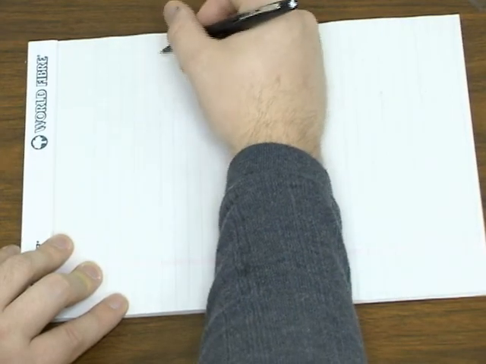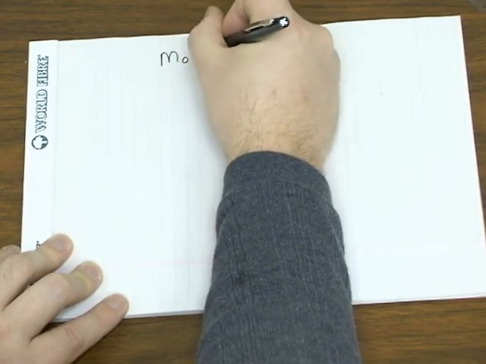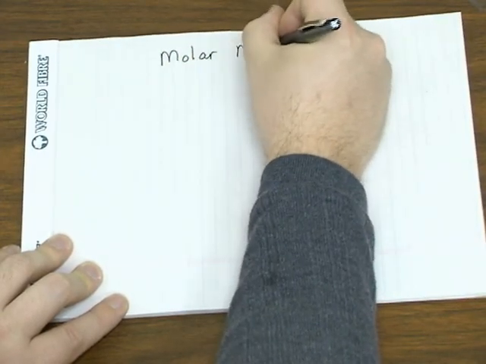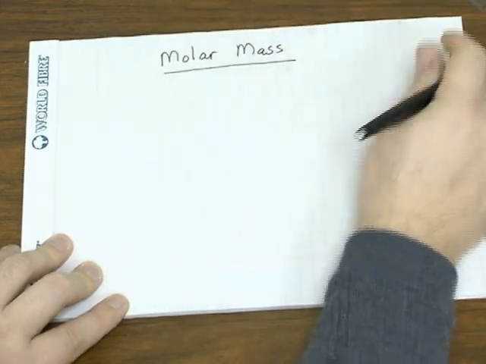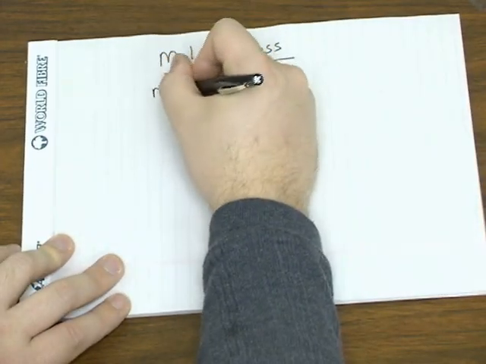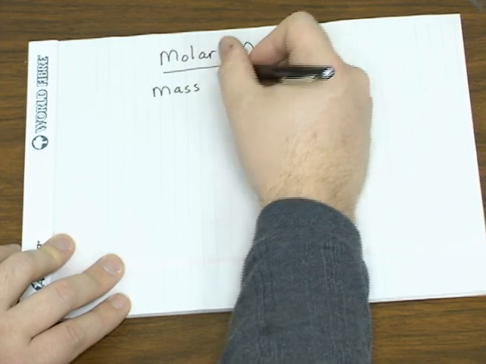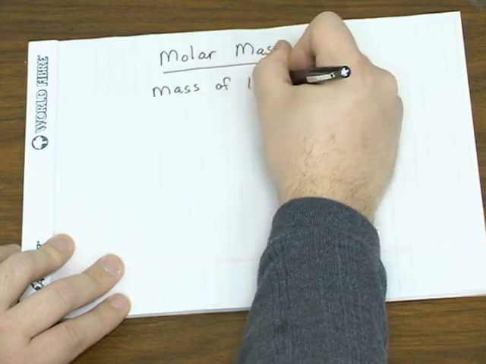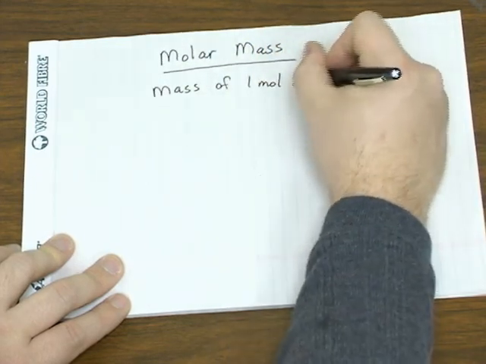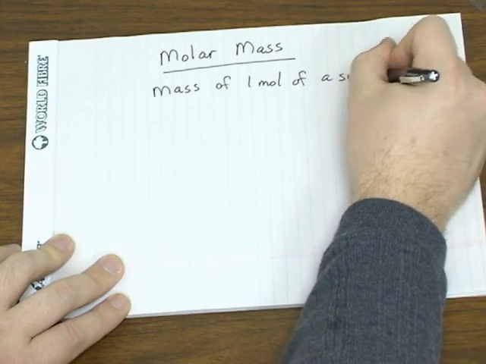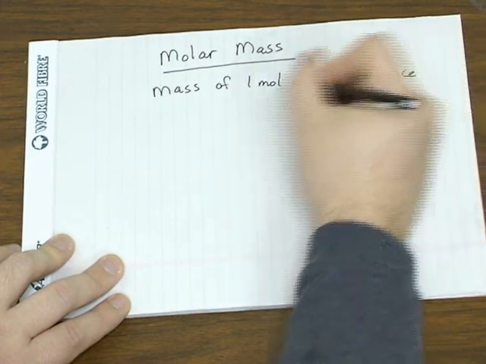A related unit is what's known as molar mass. And this is the mass of 1 mole of a substance in units of grams.